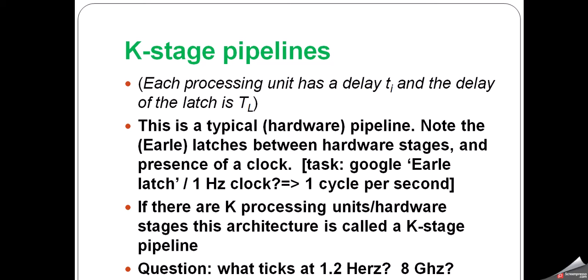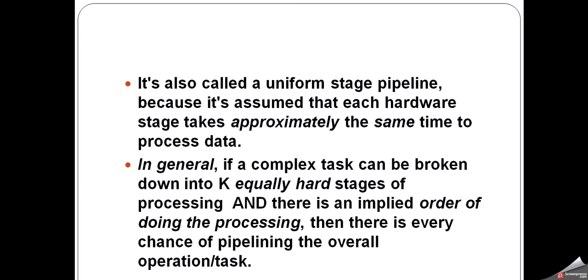And just to give you a little bit of intuition, what do you think ticks at 1.2 Hertz or 8 Hertz? Well, an answer to the first question is that your heart is probably ticking at that rate, 1.2 times per second, under fairly relaxed circumstances, I guess.